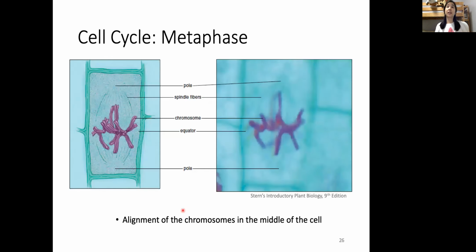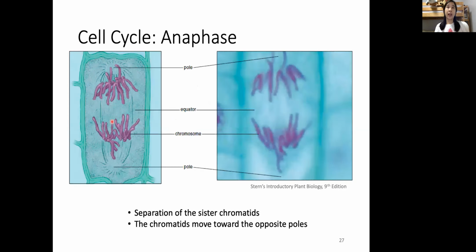And then in the metaphase, chromosomes become very dense and align in the middle of the cells. In the anaphase, the two chromatids of one chromosome are separated in opposite directions, to opposite poles of the cells.